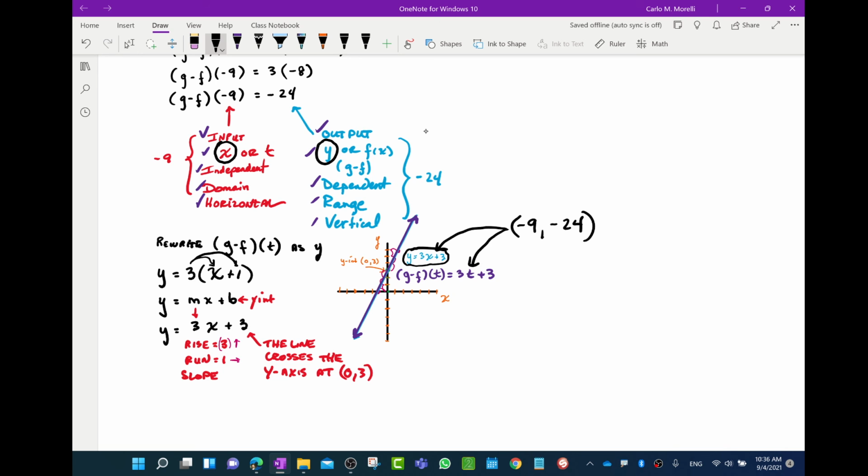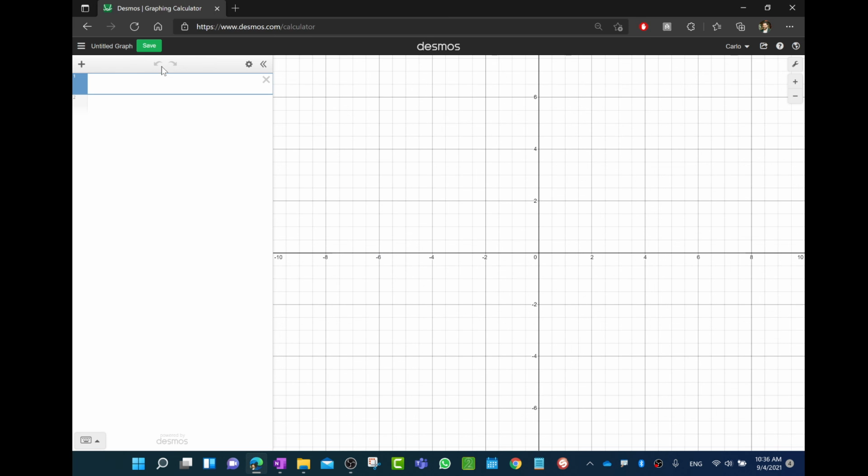Okay? So let's go check. We'll write y equals 3x plus 3. And then we'll put in the coordinates -9, comma, -24.